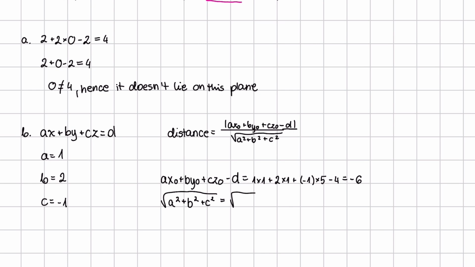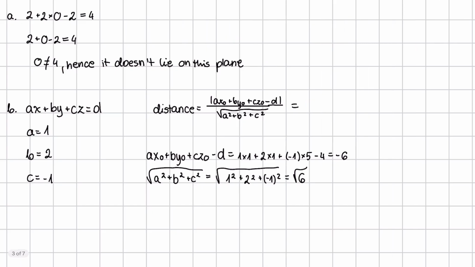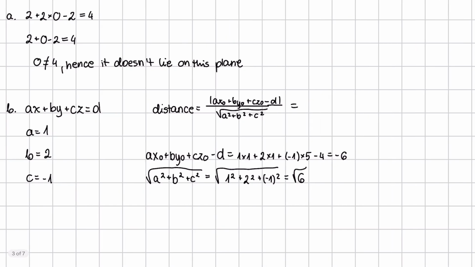So here we have square root of 1 squared plus 2 squared plus minus 1 squared. So this is square root of 6. And now we can substitute them into our distance formula. And here we have absolute value of negative 6, and here we have square root of 6.